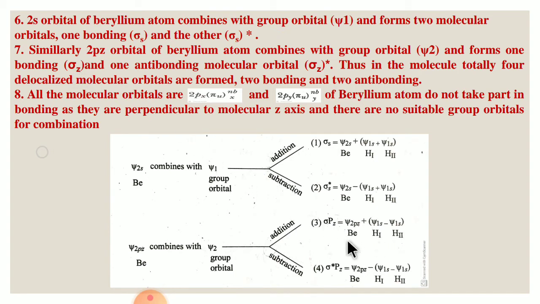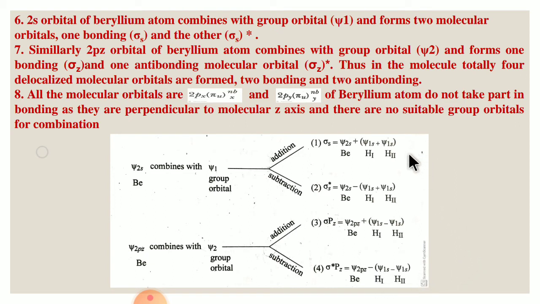The equation is psi 2pz of beryllium plus ligand group orbitals of hydrogen, that is H1 and H2, and another antibonding molecular orbital, that is sigma star pz. It forms by subtraction, that is psi 2pz orbital of beryllium minus ligand group orbitals of H1 and H2.